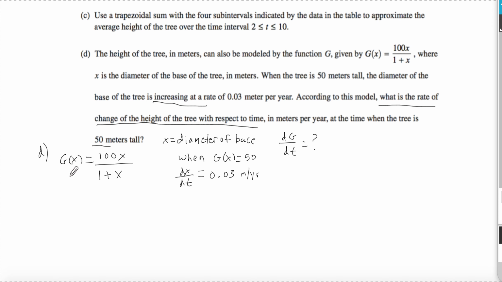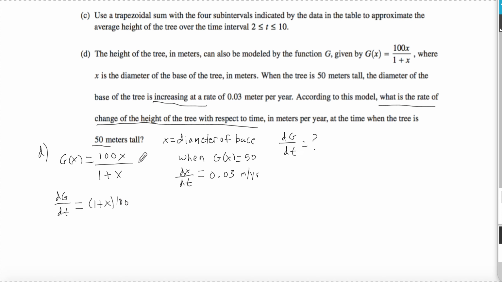We know we want dg dt, so let's take the derivative of this. The derivative of g with respect to t will give us dg dt. We need the derivative over here, but this is going to be a quotient rule situation, which is what's going to be interesting about it. For a quotient rule, say to keep the low thing times the derivative of the high function. 100x will give us 100, but we just took the derivative of x, and everything is with respect to time.